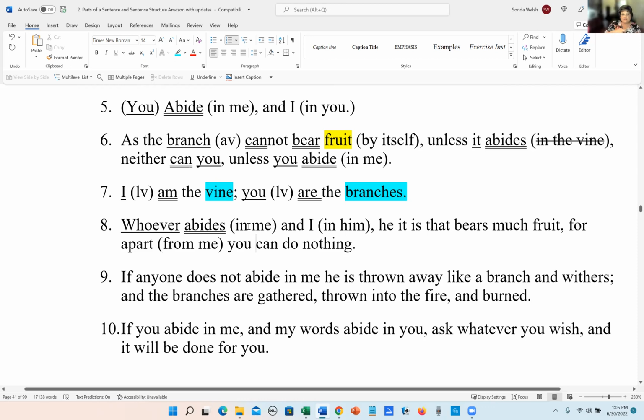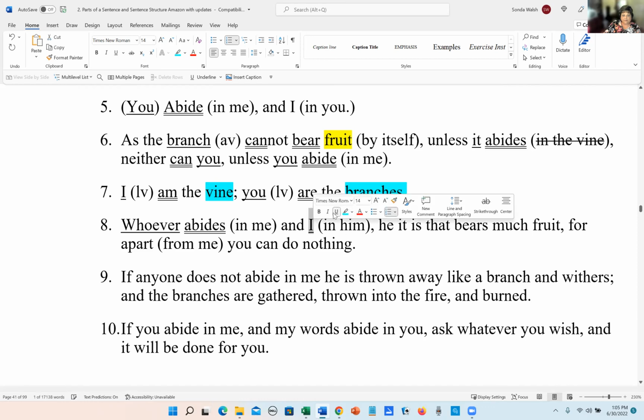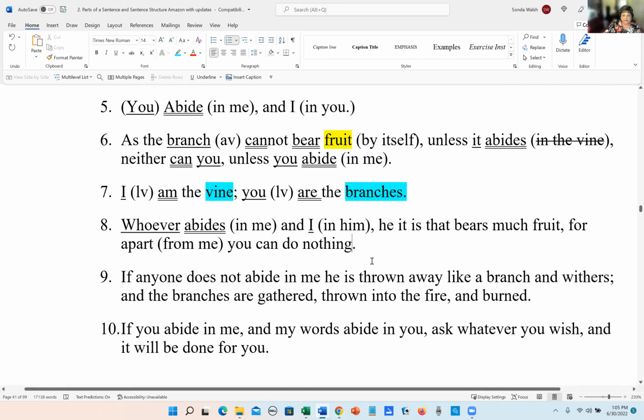So what this is saying is whoever abides in me and whoever I abide in, that's what that "and I" is. So it is a compound subject. All right. Oh, we've got so many.